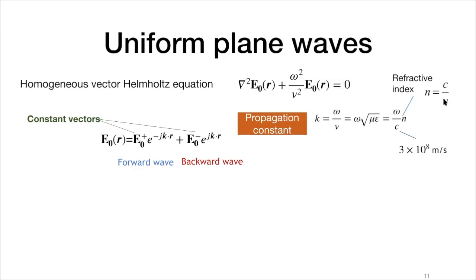And because v, the velocity of the wave, is always less than the speed of light, this quantity, the refractive index, is always larger than 1, like for well-known dielectric materials.